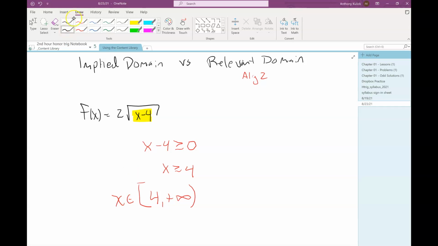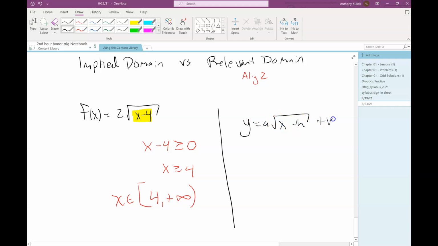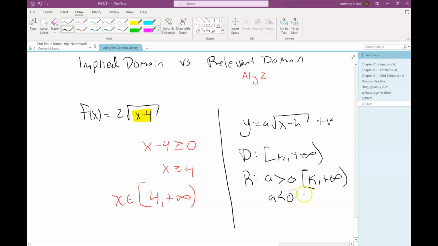Now, how many of you from your Algebra 2 class said, oh, I recognize this as a function in this form, so I know the domain is h to positive infinity, and the range, if a is positive, is k to positive infinity, and if the leading coefficient is negative, it's negative infinity up to k.